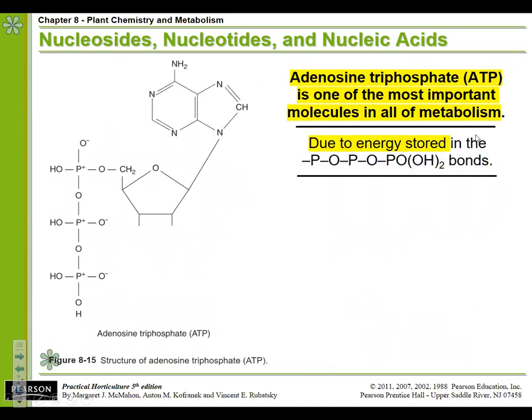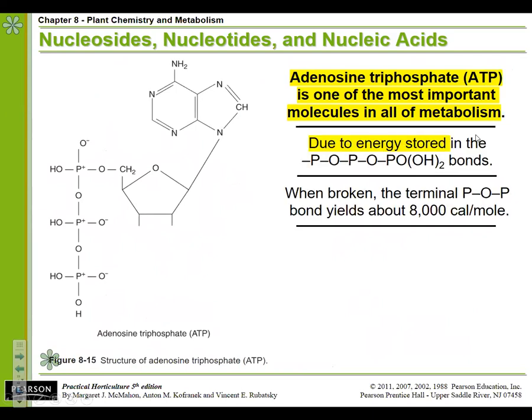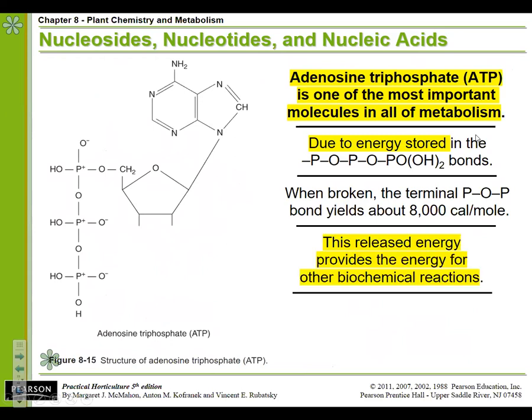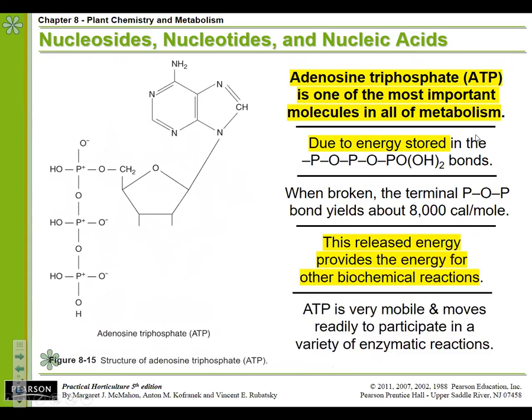So we come to adenosine triphosphate, which is ATP, one of the most important molecules in all of metabolism, both in plants and in animals, basically in the metabolism of cells. That's due to the energy that is stored in the bonding of the adenosine, this nucleoside, to the triphosphate molecule over here.